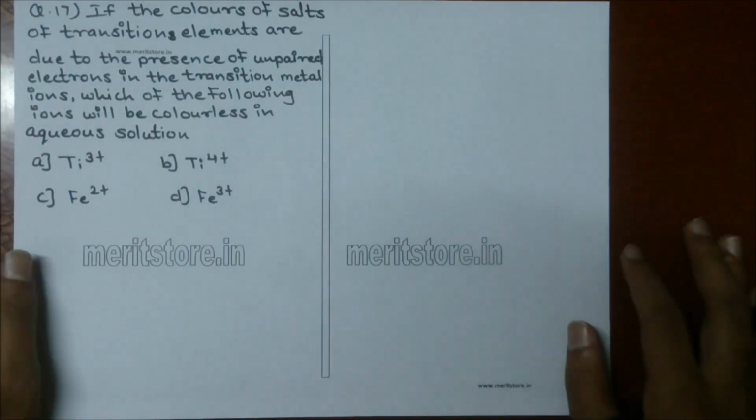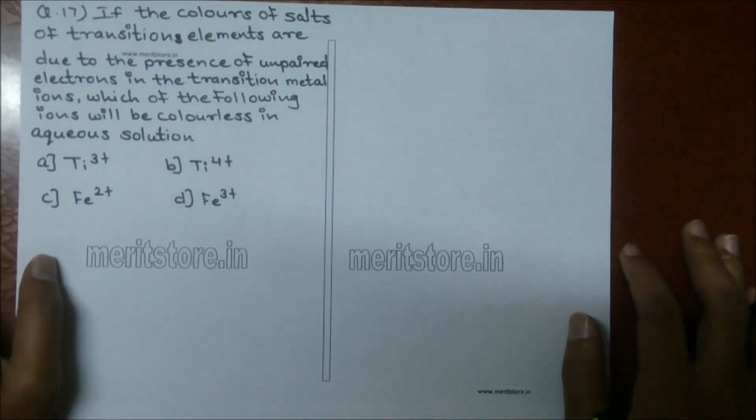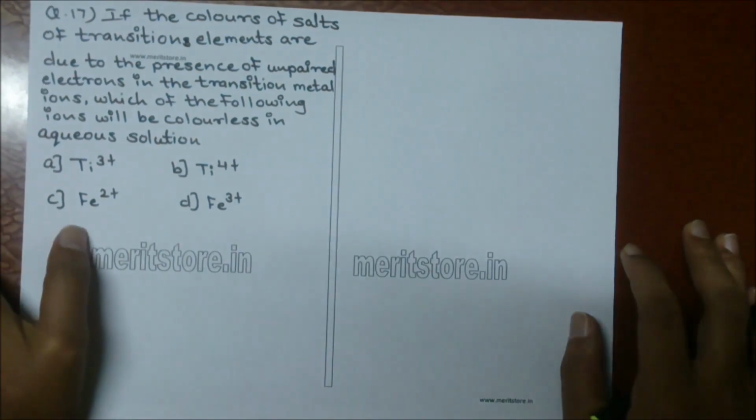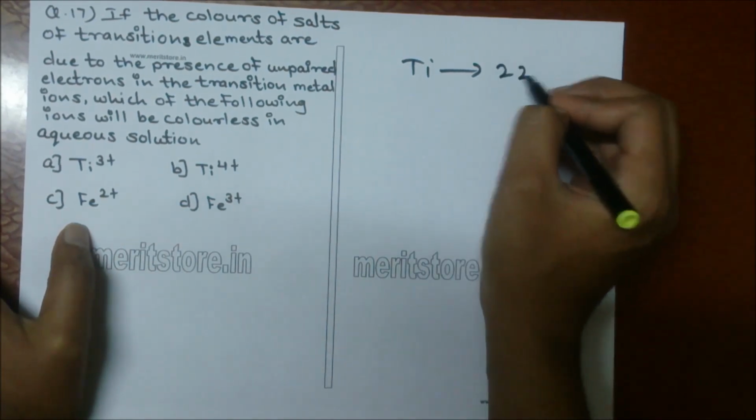Number 17. If the color of salts of transition elements is due to presence of unpaired electrons in the transition metal ion, which of the following ions will be colorless in aqueous solution? A Ti3+, B Ti4+, C Fe2+, D Fe3+. Of all these, titanium, that is Ti, has atomic number of 22.